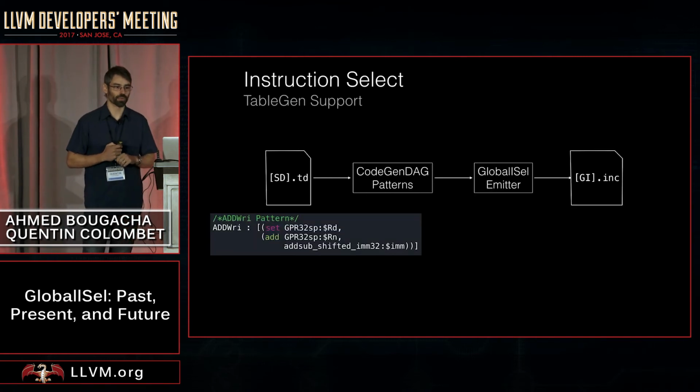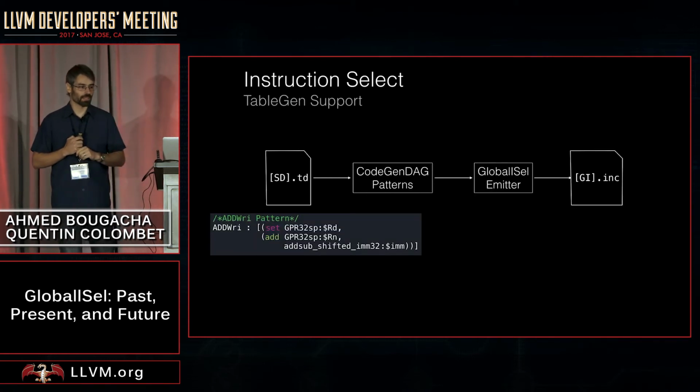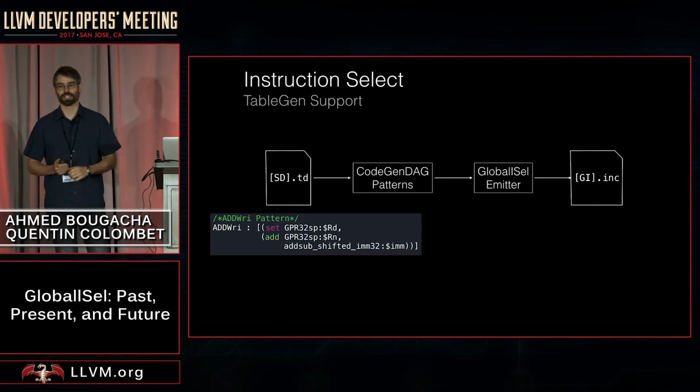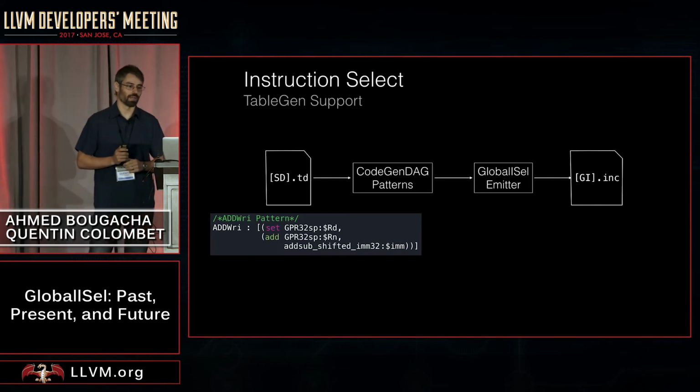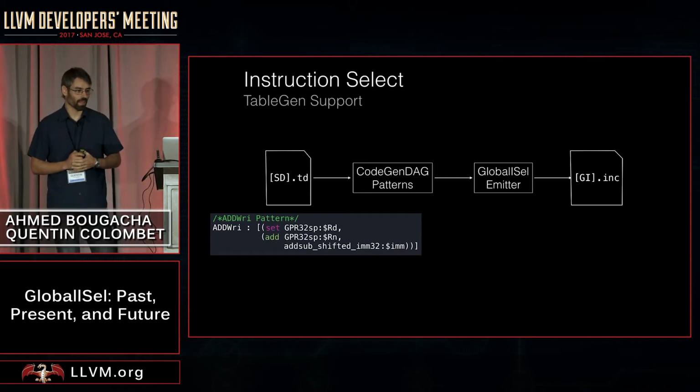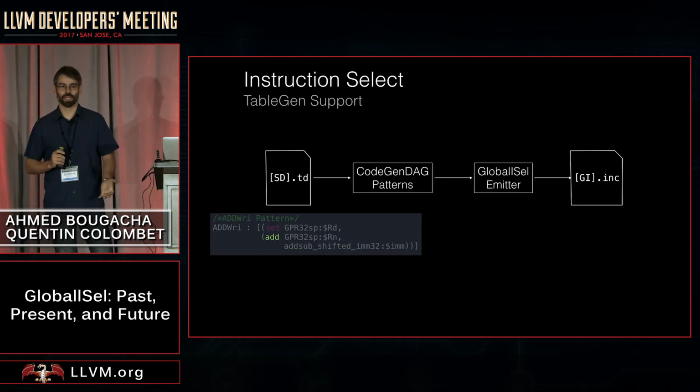So let's look at how it works on an example. Let's say you have this pattern that has been extracted from AArch64, which is how you select an add with an immediate on this target. One difficulty here is that if you look at this pattern, we have this add here. One problem with this add is that this is actually a SelectionDAG node.